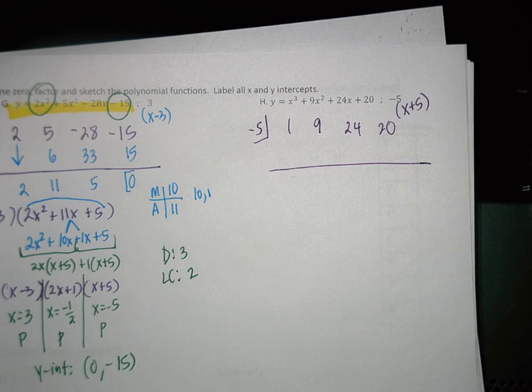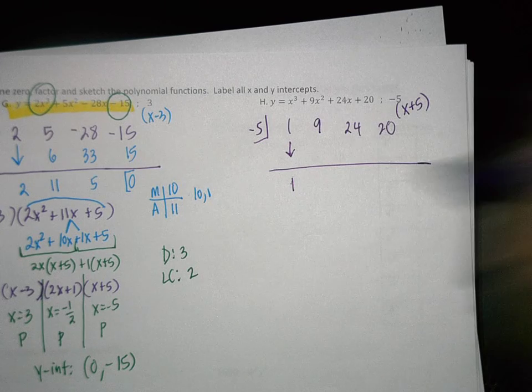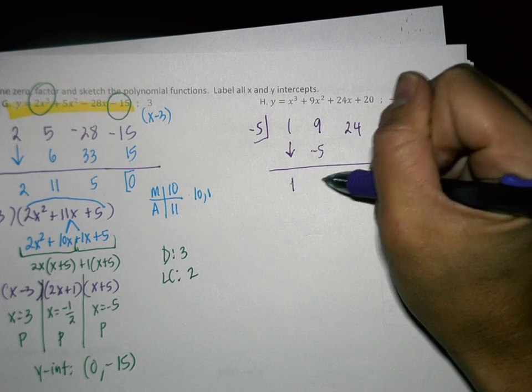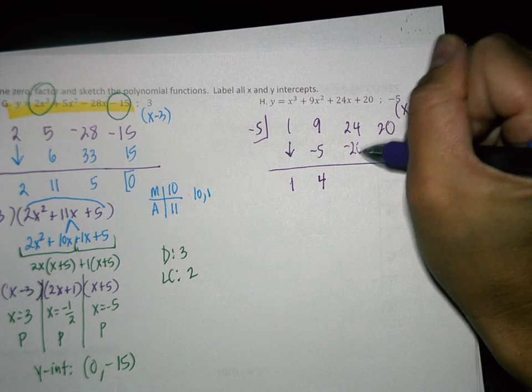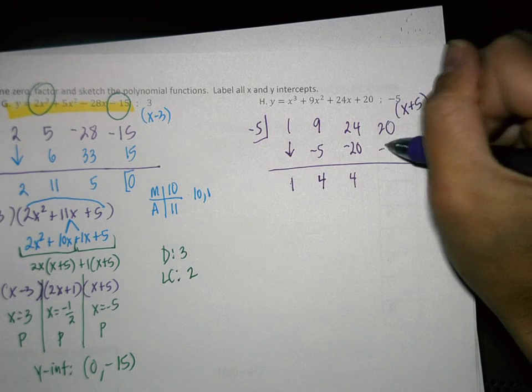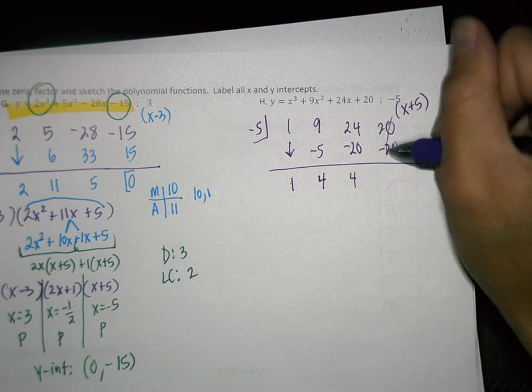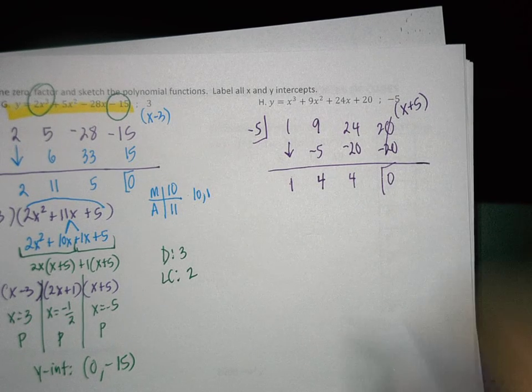Okay, we bring them down, right? The next step is to bring it down. 1. What's 1 times negative 5? We add down, we get positive 4. 4 times negative 5 is negative 20, and how much is left over? 0. How do I write this out now? X squared.